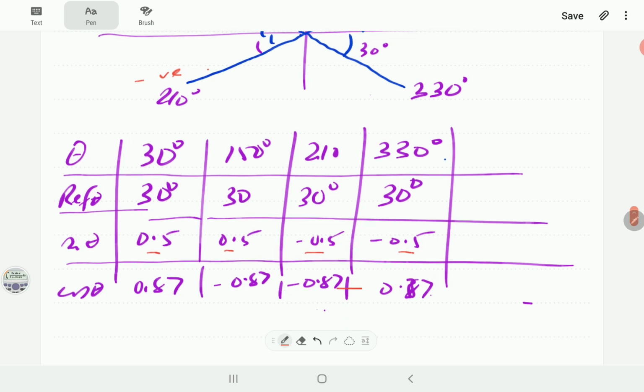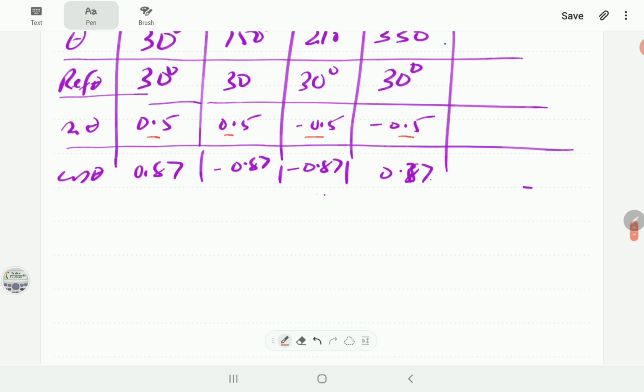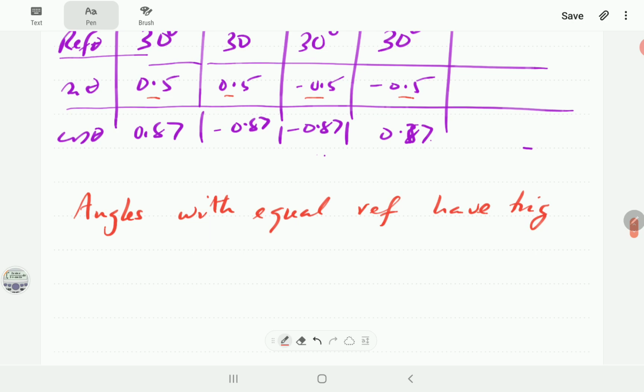Then the same thing here, we know that cosine is negative in the second quadrant, it's also negative in the third quadrant. So we're going to say angles with equal reference angles have trigonometric ratios that are equal in magnitude.